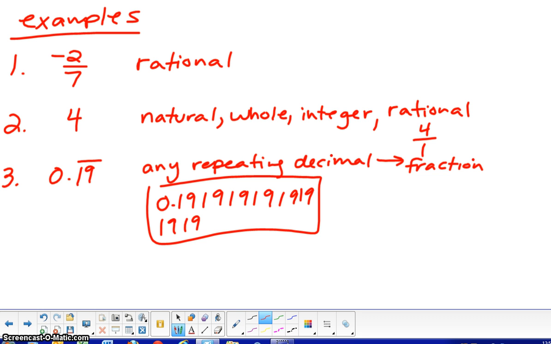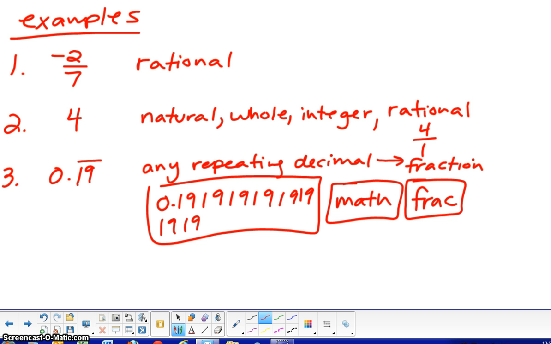Then go to math, and then change it back into a fraction, and you will see that it does indeed change into a fraction. So if you got 19 over 99, you are correct. It is going to be a rational number.